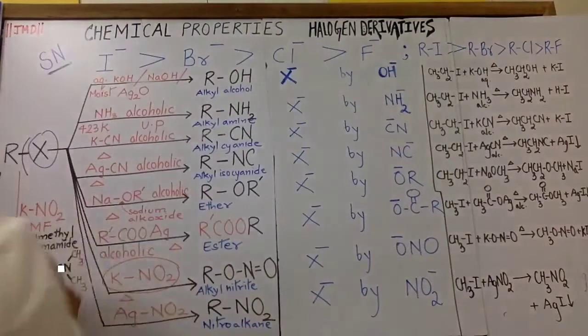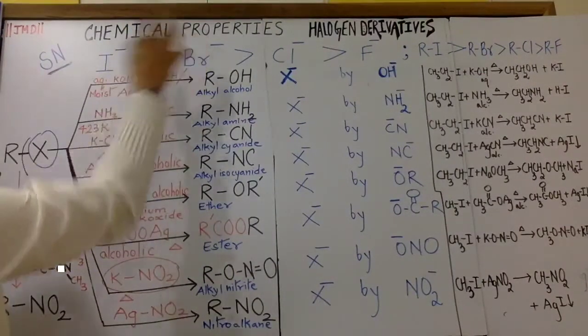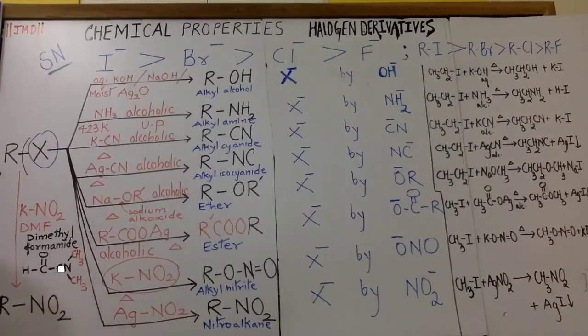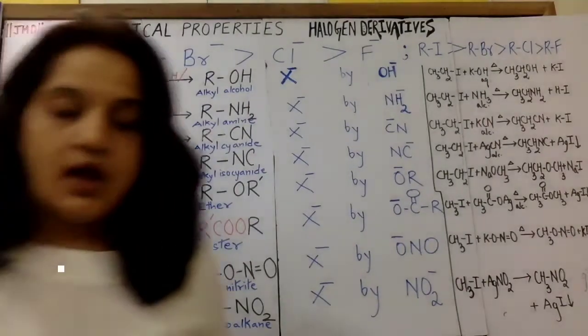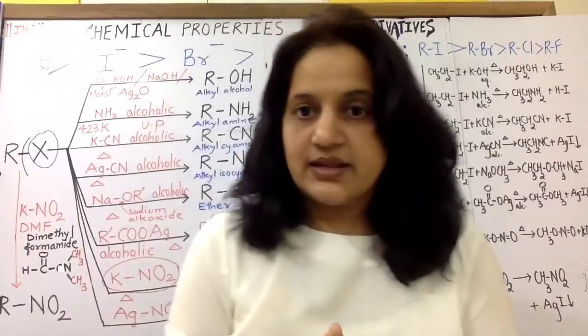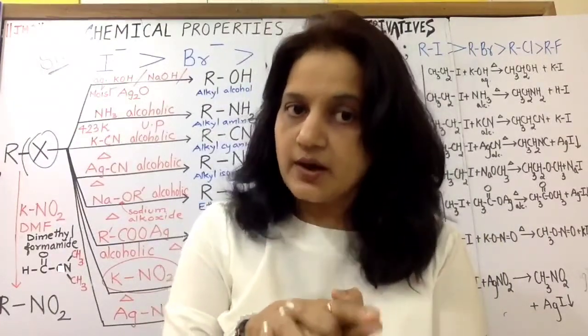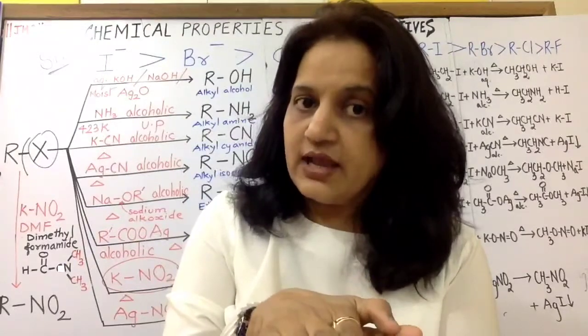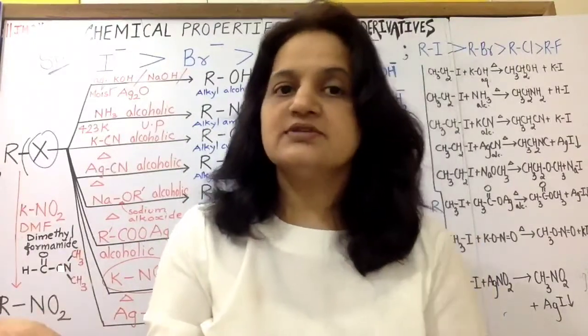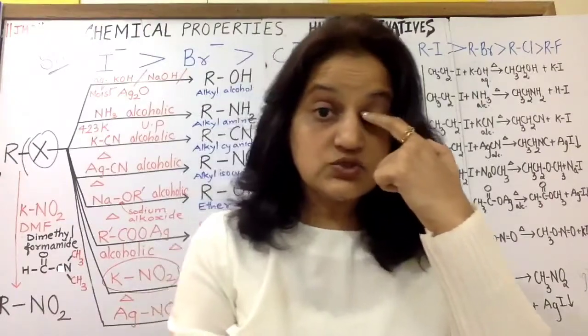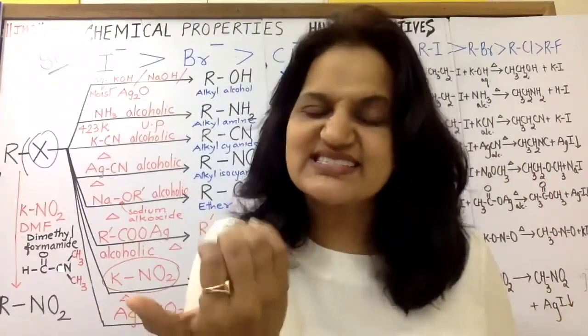See, we are into the chemical properties of alkyl halides, that is, the chemical properties of haloalkanes. The property which we are learning right now is nucleophilic substitution, where a weak nucleophile will be replaced by a stronger nucleophile, or I can say the strong nucleophile will displace the weak nucleophile.